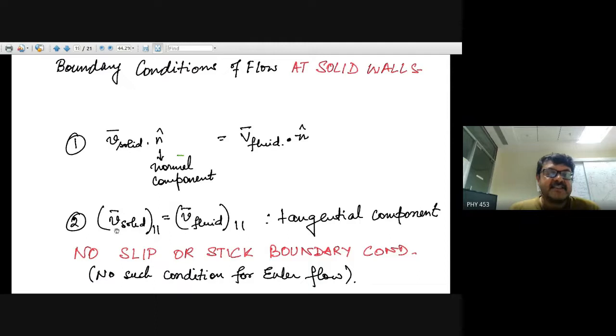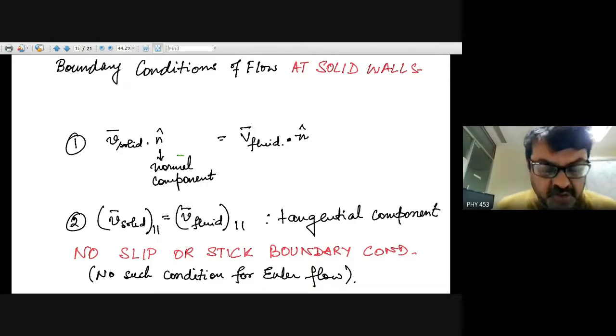Hence, this tangential component of the velocity of the fluid is equal to the velocity of that solid surface. Normal component is equal, so that fluid cannot enter the solid. The tangential component means that the fluid is sticking to the surface and moving along with the solid.